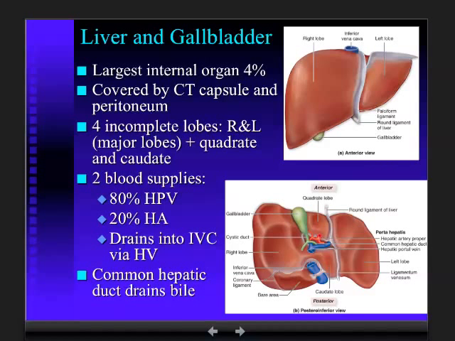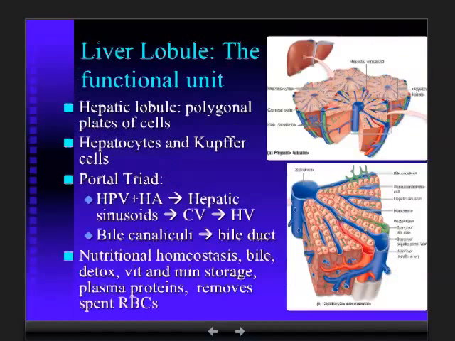You've got two vascular supplies to the organ, and you've got an exocrine drainage of bile.